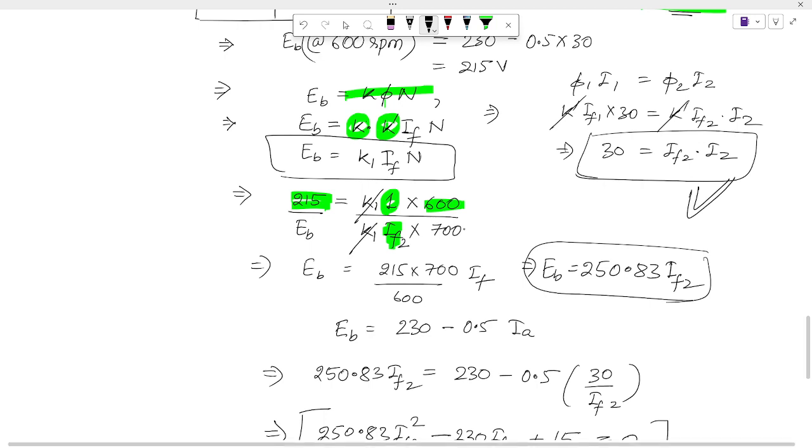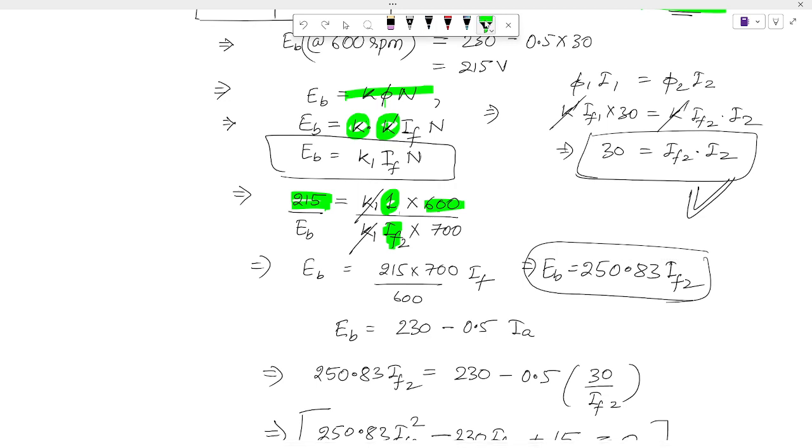Following the constant of proportionality relation, 215 is equal to k1 IF into 600. After insertion of resistance there will be some change in back EMF, let it be Eb, Eb equals k1 IF2 into 700. From there I solved this and found the relation between back EMF and field current. Clear till here? Yes, sir.